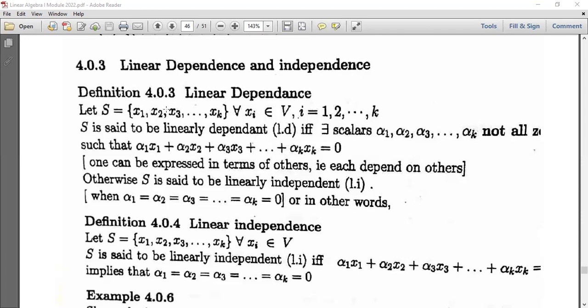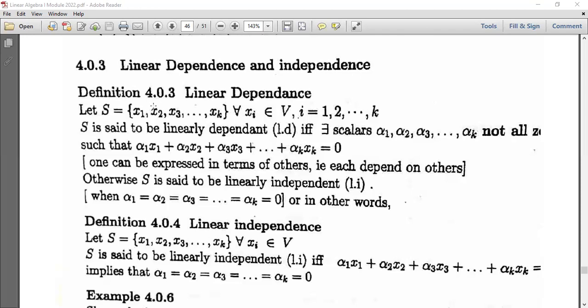So we are defining what it means by a set being linearly dependent. We have a set S, and that set is said to be linearly dependent if and only if there exist constants alpha 1 up to alpha k, not all zeros, such that the linear combination is 0.